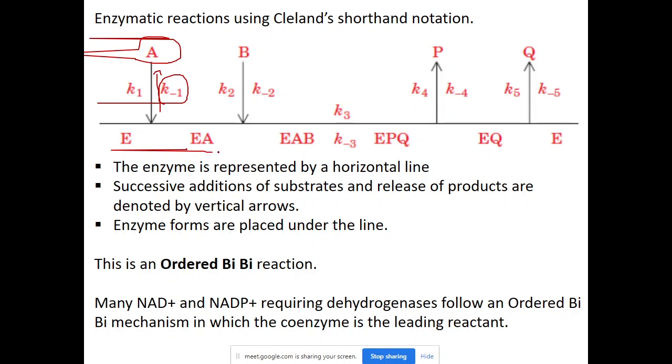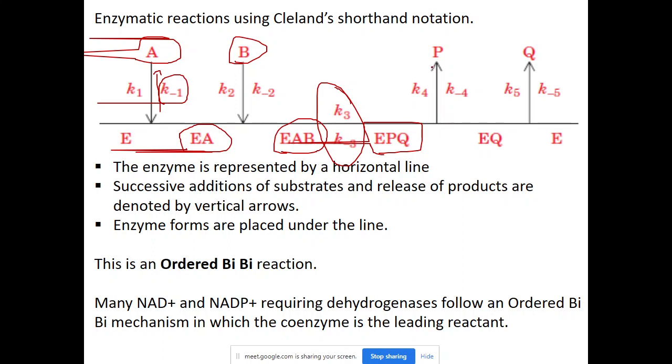But now if we consider that E binding to A leads to EA, it leads to the binary complex, that is EA, and now you have K2 and K minus 2 as the kinetic constants with B appearing, resulting in the ternary complex EAB, leading to the formation of EPQ, another ternary complex, with kinetic constants K3 and K minus 3.